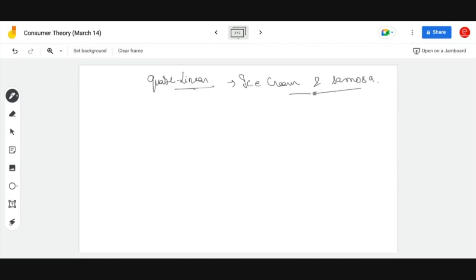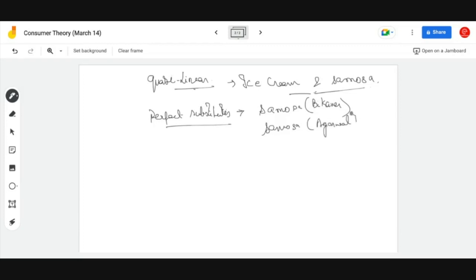Okay. Now, if you want to take an example of a perfect substitute, you can say samosa of Bikaner and samosa of Agrawal. Does it make any difference whether you eat samosa of Bikaner or samosa of Agrawal, if we keep tastes and preferences the same? No, sir.